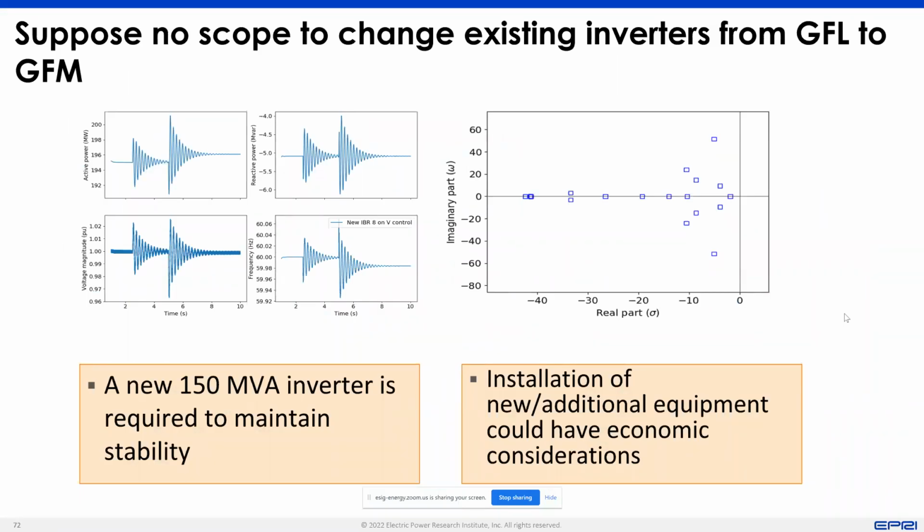And here is the example: if you kept all inverters as grid following, you needed a new 150 MVA inverter to make the system stable over and above the 3 grid following inverters that you had. But if you had just changed one of those inverters to grid forming previously, you could have made the system stable.